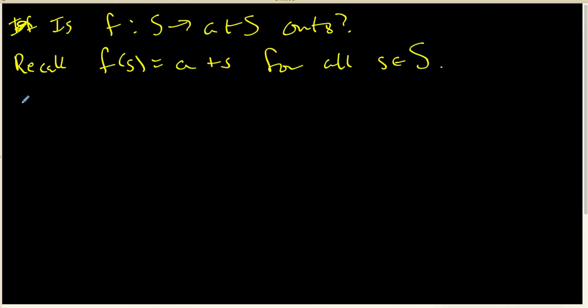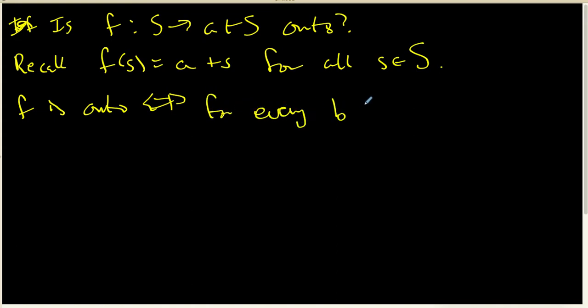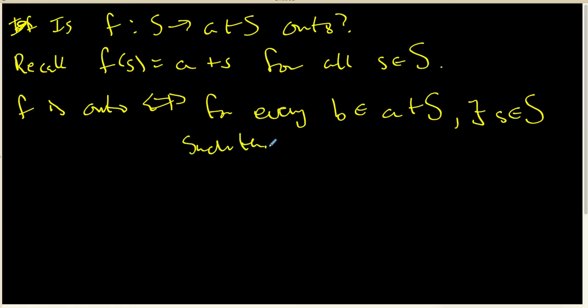And I want to also think about what onto means. f is onto if and only if for every b inside the target set, which in this case would be a plus capital S, there exists somebody inside the domain of the function, in other words, a little s inside S, such that f of that little s is equal to b.